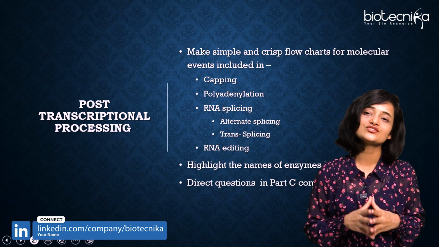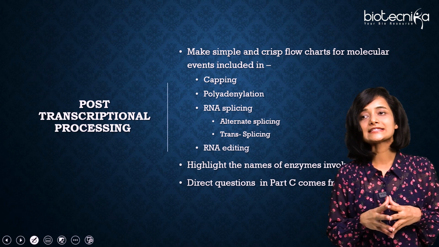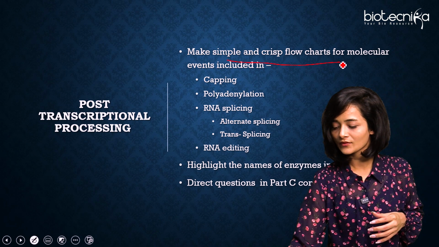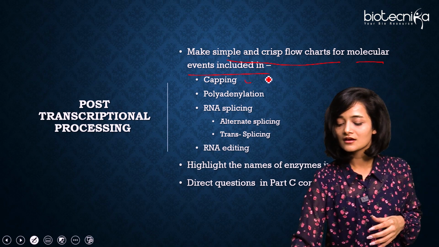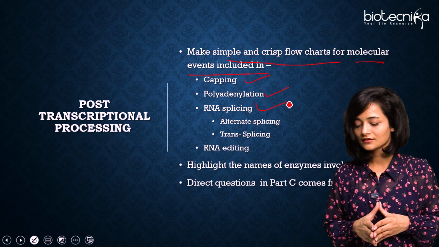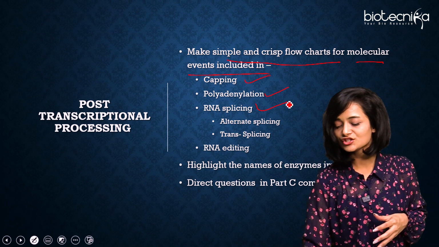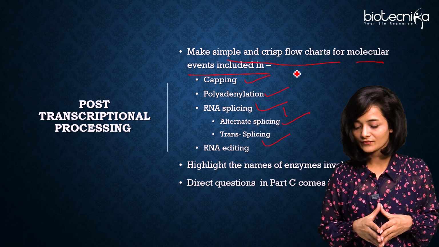Then comes post-transcriptional processing. Here you can make simple and crisp flowcharts for the molecular events involved during capping, polyadenylation and RNA splicing. Within RNA splicing also, you can make charts for alternative splicing and trans-splicing.